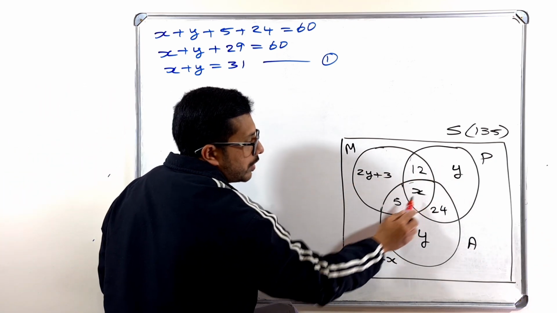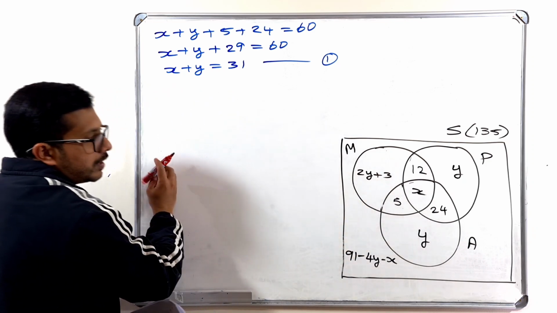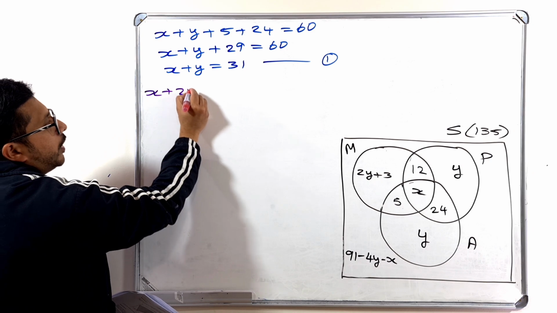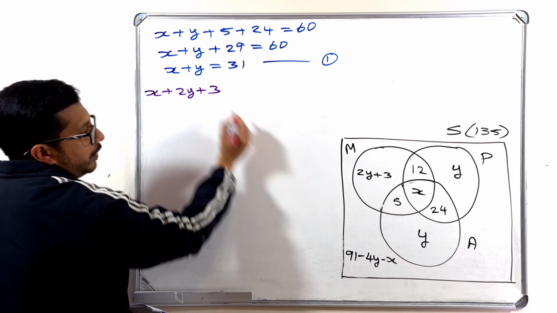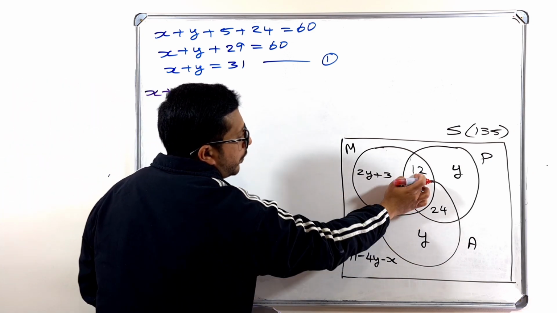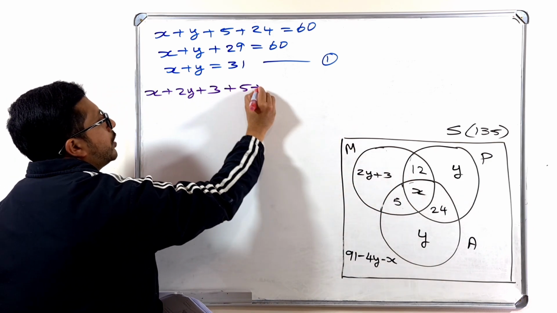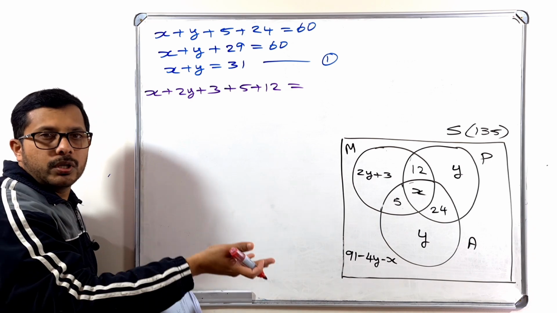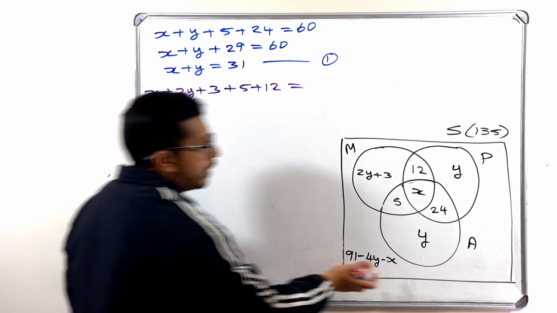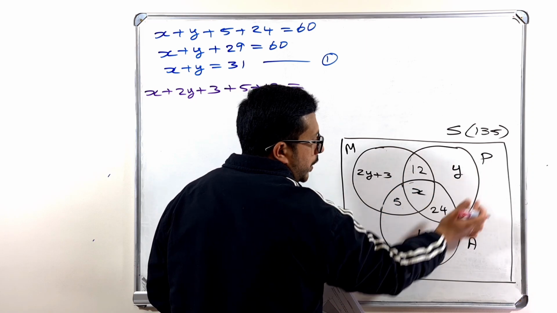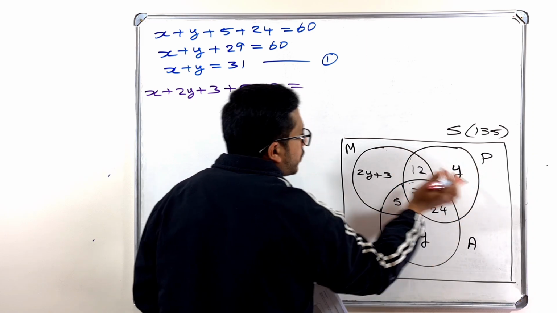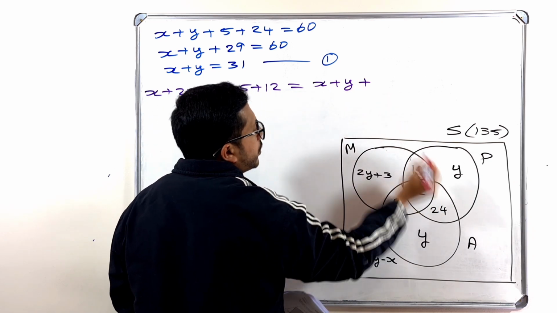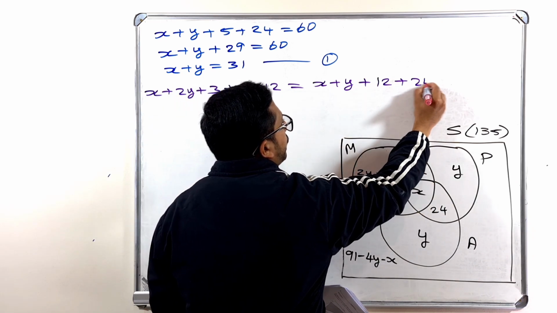You have to add all of the numbers in the mathematics circle: x plus 2y plus 3, plus 5, plus 12. This is equal to the number of students taking physical science. What is the physical science total? All the numbers in the physical science circle: x plus y plus 12 plus 24.